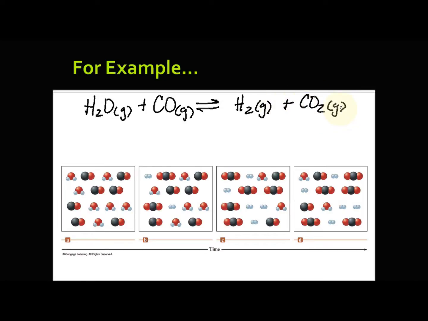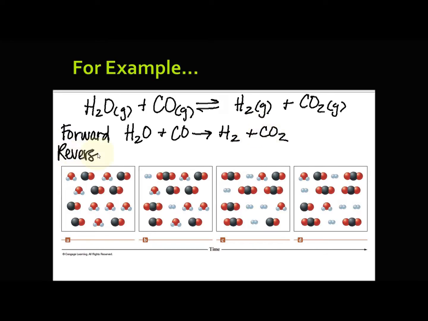The forward reaction would be reactants turning into products, so H2O plus CO makes H2 plus CO2. The reverse reaction is the products turning back into reactants, so H2 and CO2 react back together to make water and carbon monoxide.